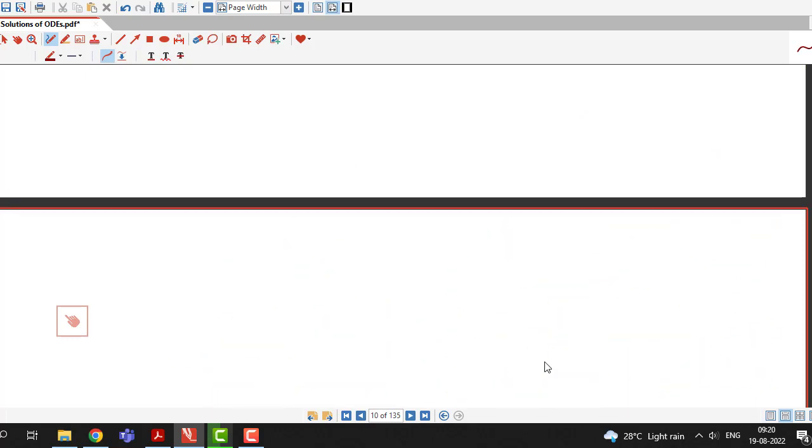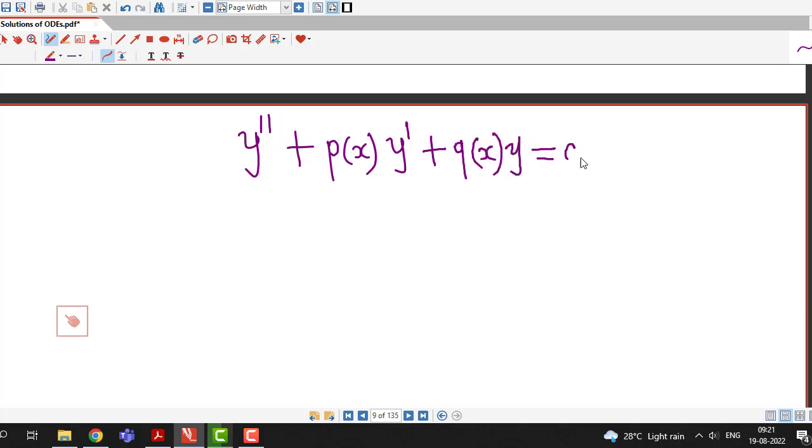So using analytic functions, we are going to discuss ordinary and singular points of a differential equation. We will consider only the linear differential equation of second order. The standard form of a linear differential equation of order 2 is y double dash plus p(x) into y dash plus q(x) into y equal to 0.